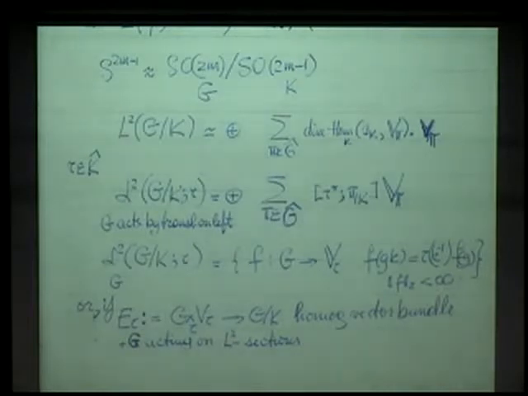So this also is a representation of G that looks like that. The V_pi's occurring are those such that pi restricted to K contains the dual representation of tau. So this is Frobenius reciprocity.